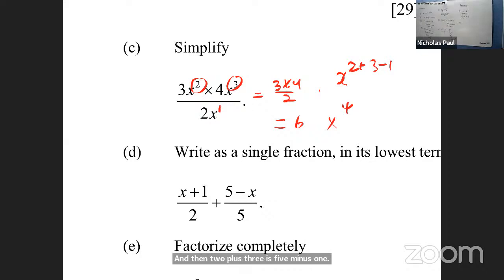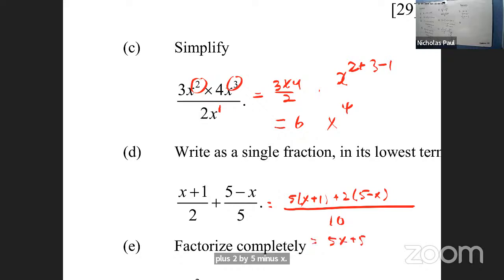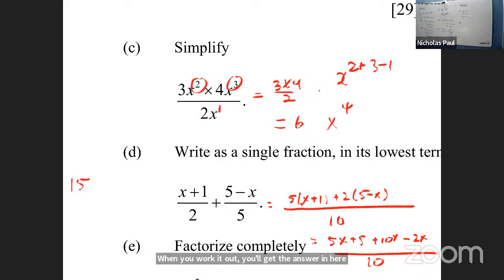Next one, underneath here. Find the LCM. The LCM is 10. Then you multiply 5 by x plus 1 plus 2 by 5 minus x. Right? So I got 5x plus 5 plus 10 minus 2x, all over 10. Hold on, I made a mistake.